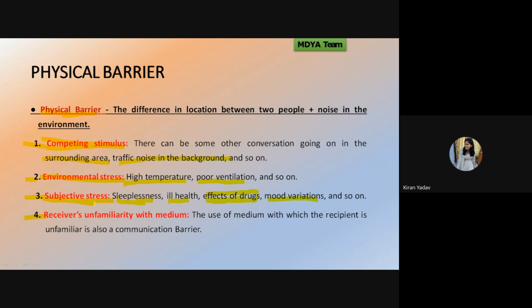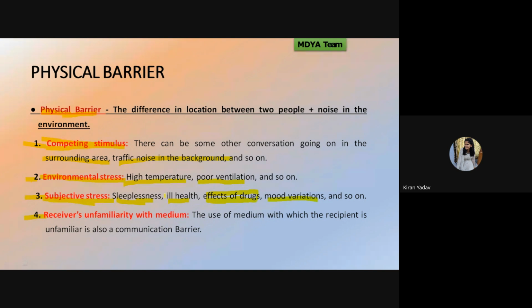and due to these subjective stresses, emotional state and physical well-being and the attention also are affected. When you are ill, then you won't be able to focus on something. If you are attending class and you are ill, then your attention will not be on the thing that you are doing, whether you are studying or doing some work.